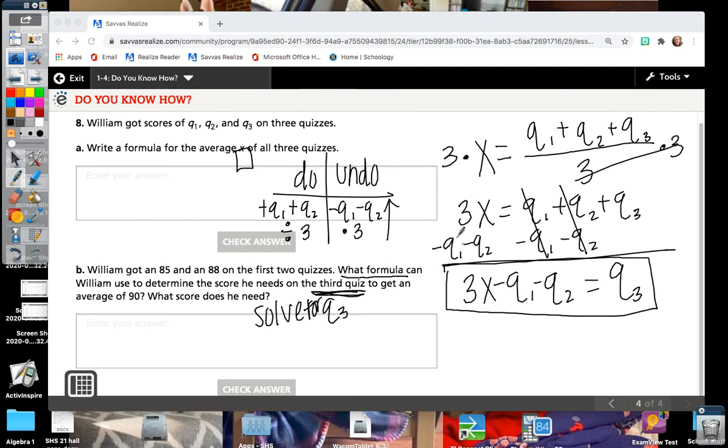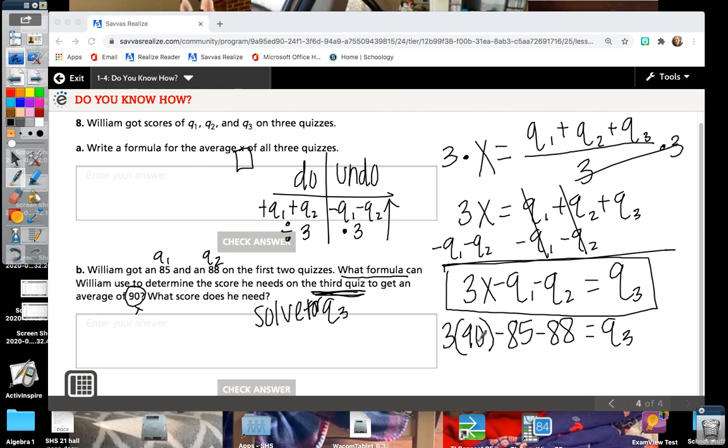But we want to know what score he needs. He got an 85 on the first quiz, so plug that in for the first quiz. He got an 88 on the second quiz, so both of those are being subtracted. And for his average, he got a 90, so that was x, so 3 times 90.